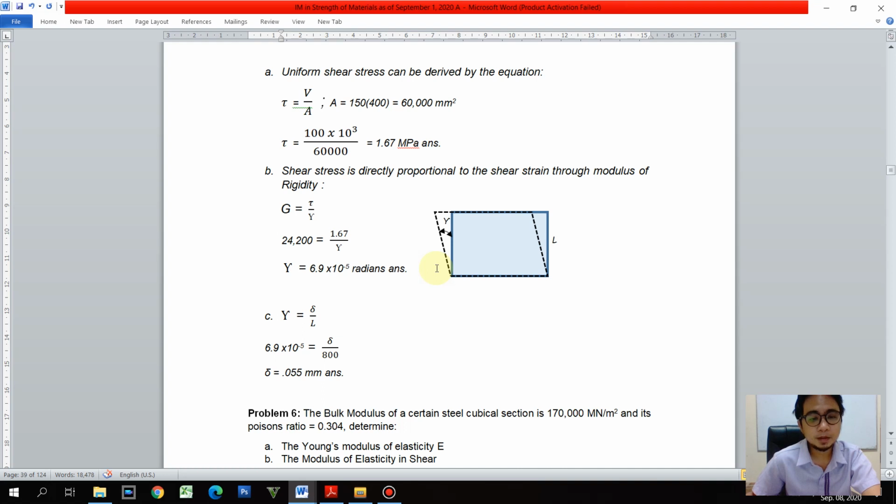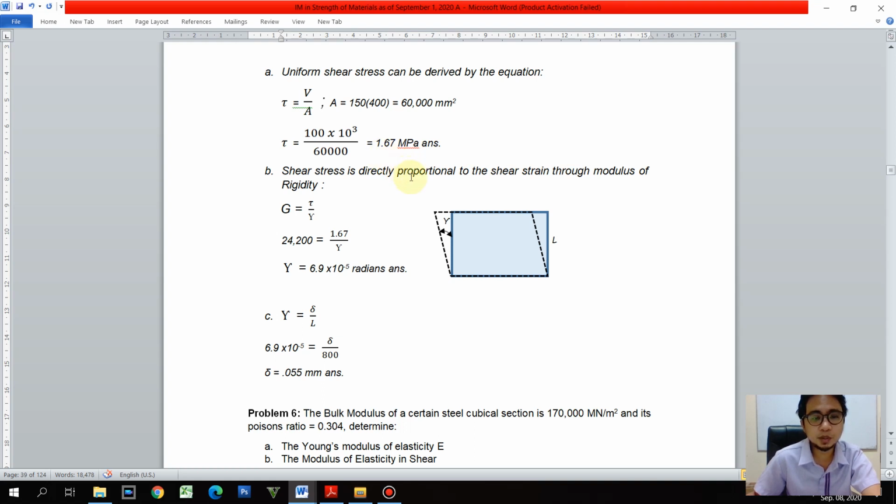Okay, so for volumetric strain, there is a relationship between the volumetric strain also with regards to the stress. Okay, so with that, if we have a volumetric strain, so the compressive stress on the faces of the cube if the volume was reduced by 0.2%.